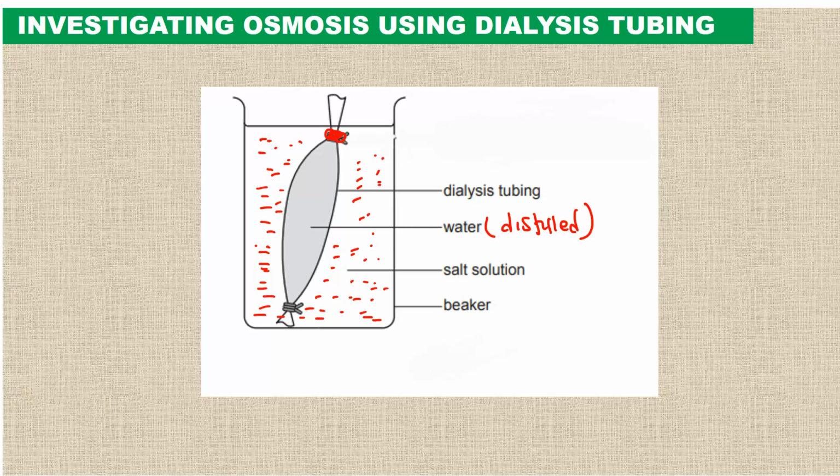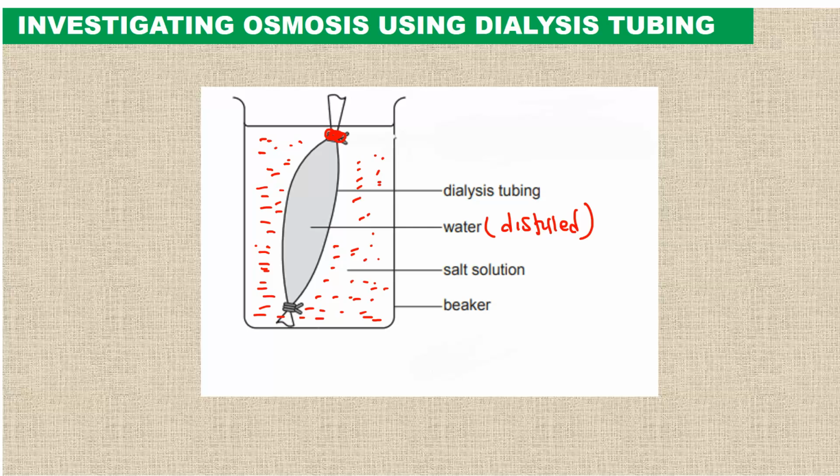So what will be the net movement of water? This dialysis tubing acts as the partially permeable membrane. In other words, it can allow substances to diffuse through it. But since we are looking at osmosis, we are just dealing with the sugar solution and water molecules.